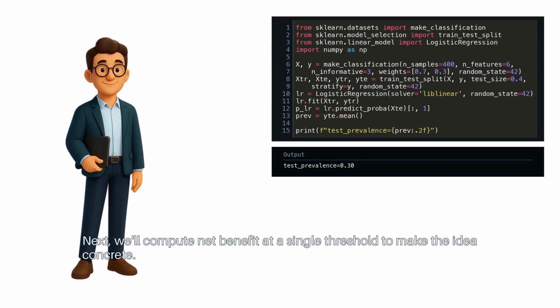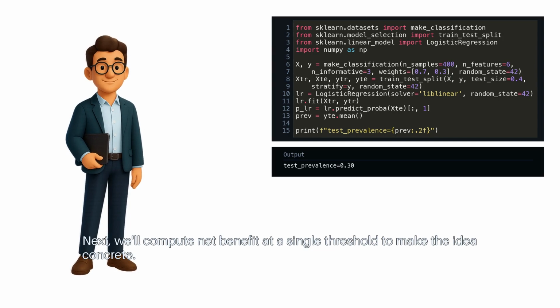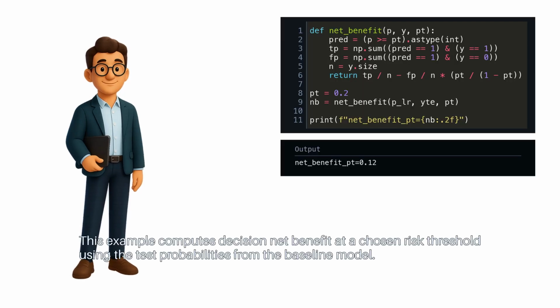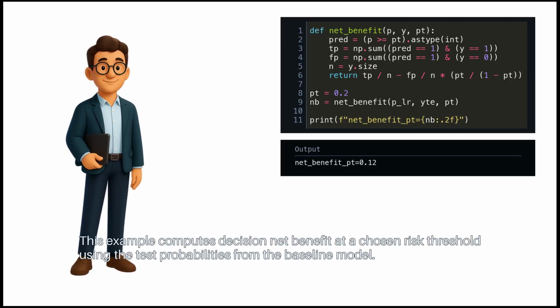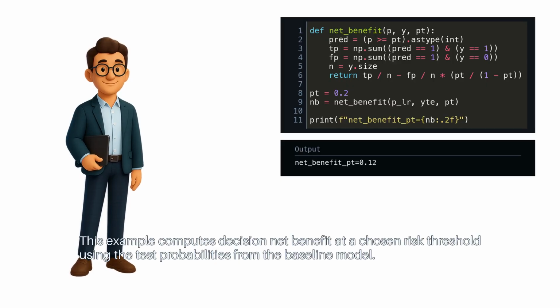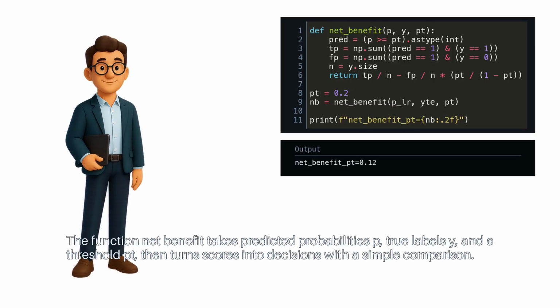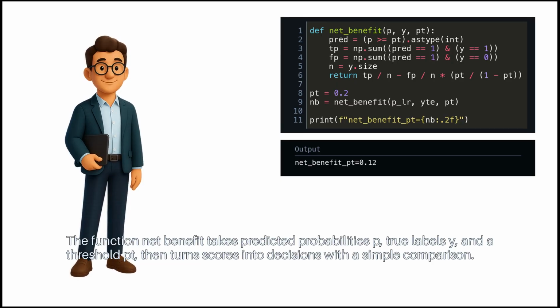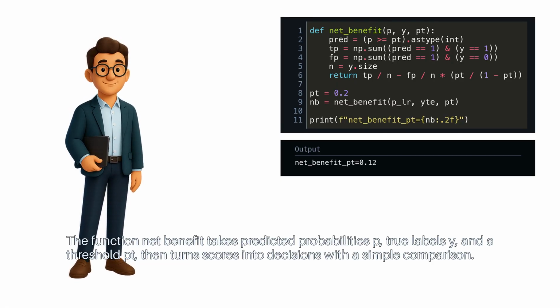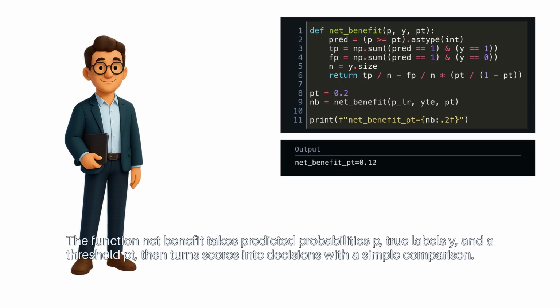Next, we'll compute net benefit at a single threshold to make the idea concrete. This example computes decision net benefit at a chosen risk threshold using the test probabilities from the baseline model. The function net benefit takes predicted probabilities p, true labels y, and a threshold pt, then turns scores into decisions with a simple comparison.